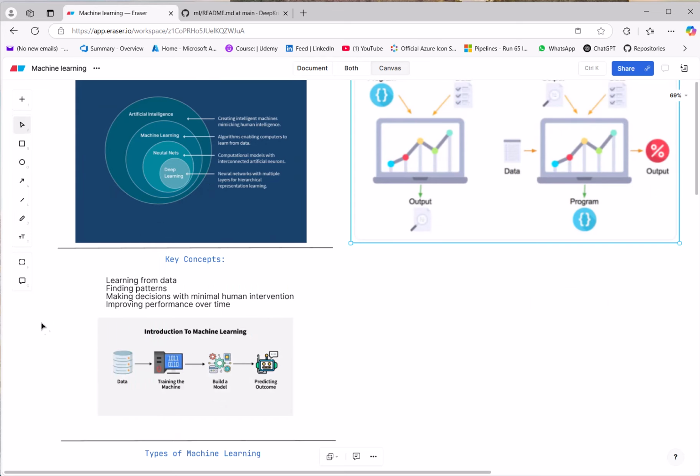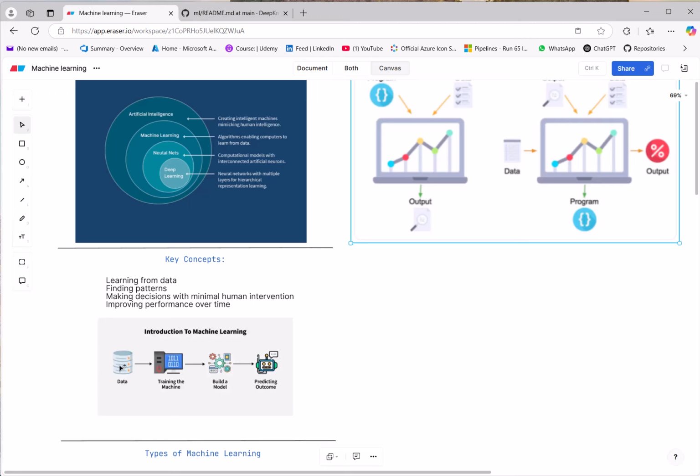The main key of machine learning is that it learns from data, and the idea is to find some patterns, and that makes some decisions. If we again consider a decision tree, it's like taking a decision: if the value is greater than a specific threshold, go to the left or right.